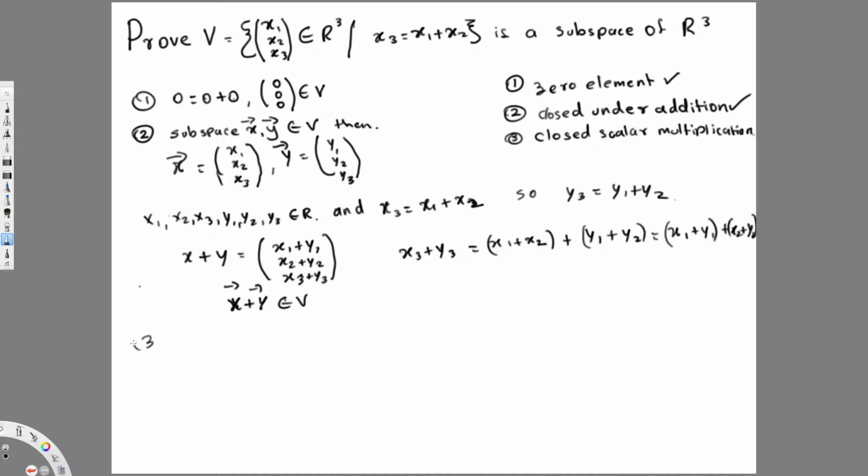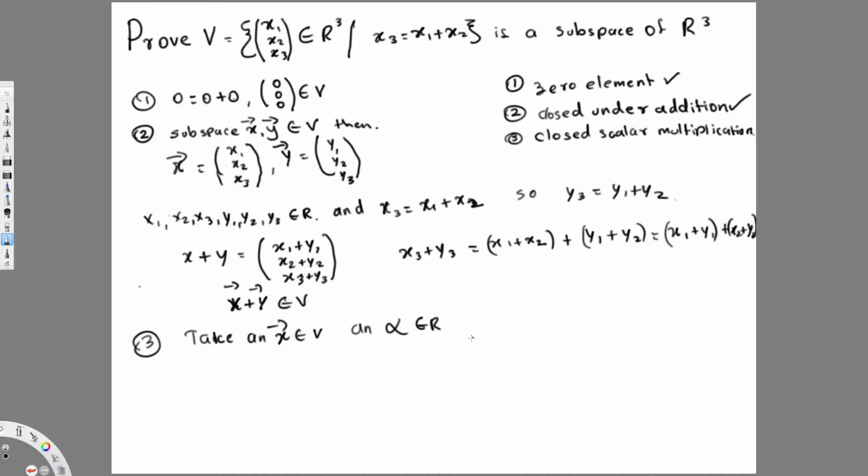Then we have to prove this is closed under scalar multiplication. In order to do that, I take any x belongs to V, and alpha, a random scalar number, where alpha is a real number.